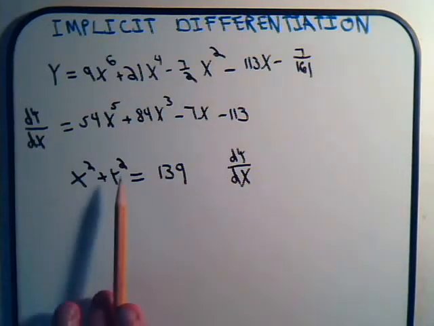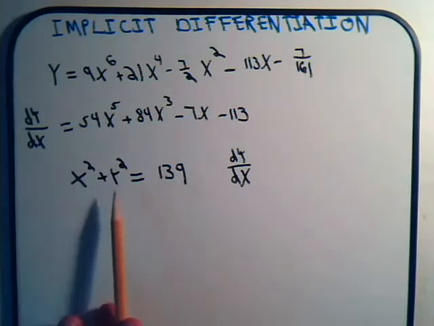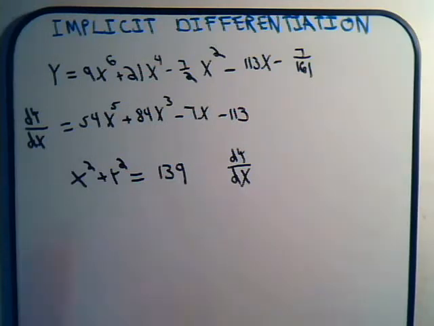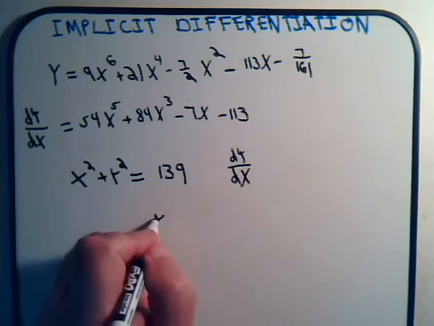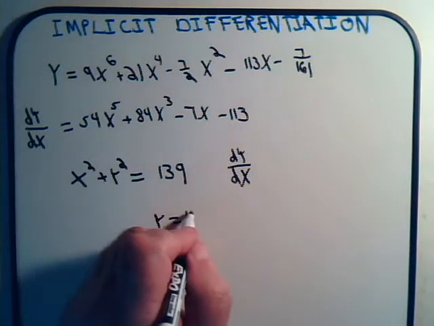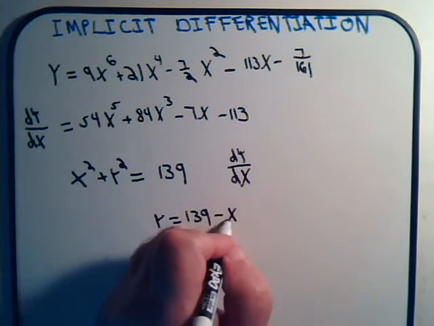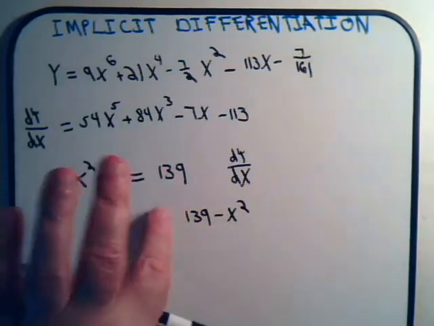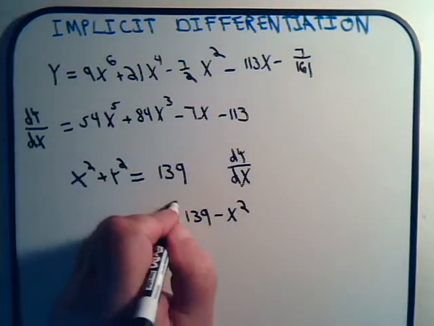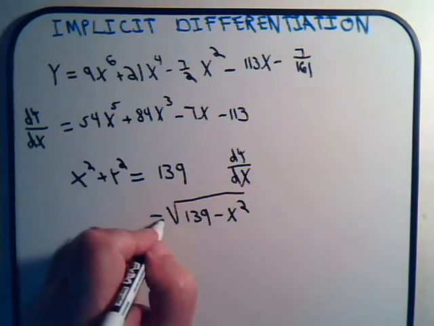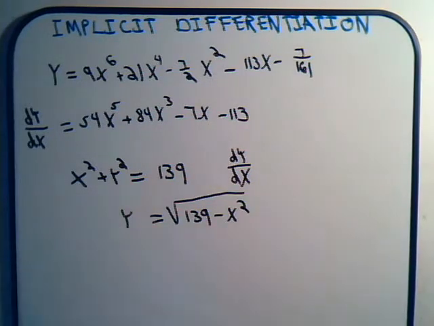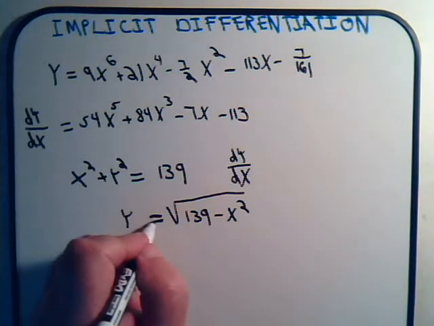Now, this is simple enough that we could write explicitly what y is equal to. We could say, well, y would equal the square root of 139 minus x squared. And so now we wrote explicitly what y is equal to.